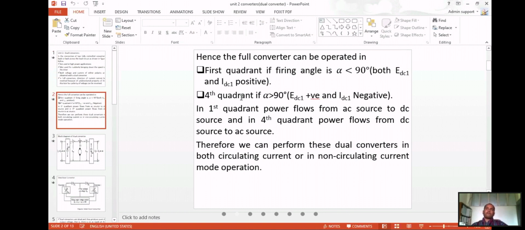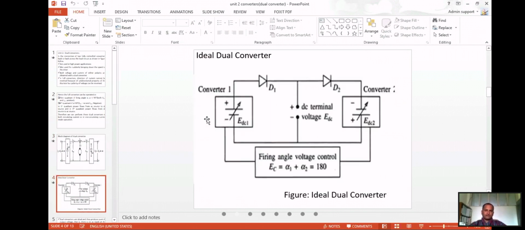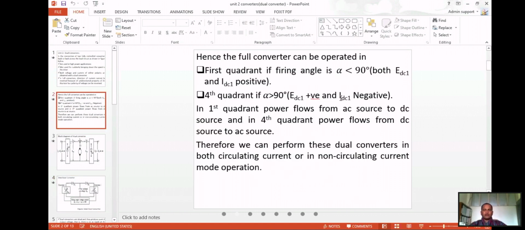When the firing angle alpha is less than 90 degrees, it operates in two quadrants, the first quadrant and the fourth quadrant. When alpha is less than 90 degrees, the converter operates in the first quadrant, which means both EDC1 and IDC1 will be positive.